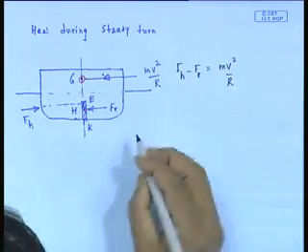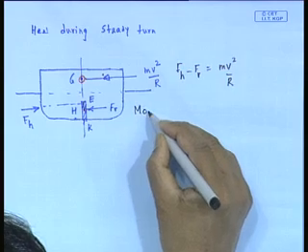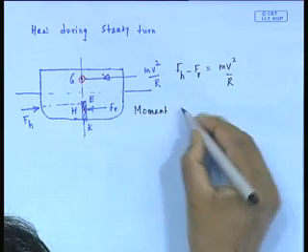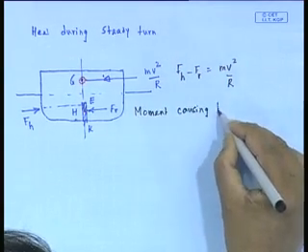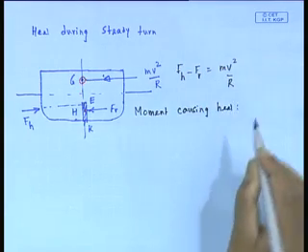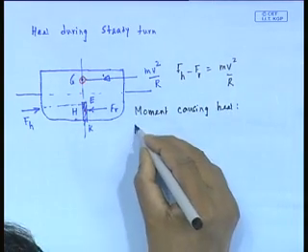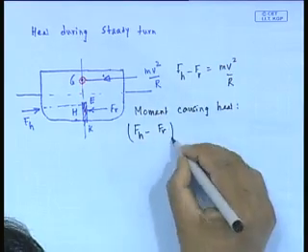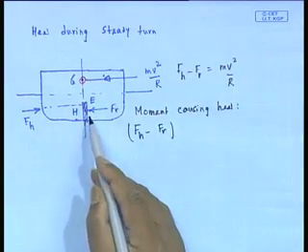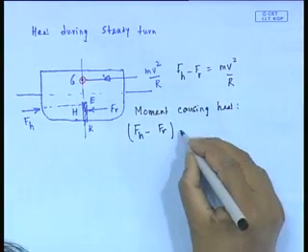The moment causing heel is going to be FH minus FR, I will just follow this here, into KG.